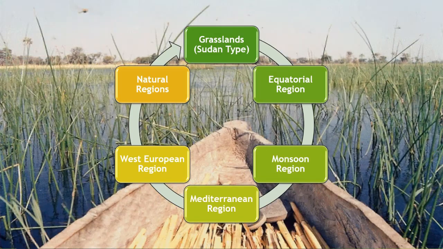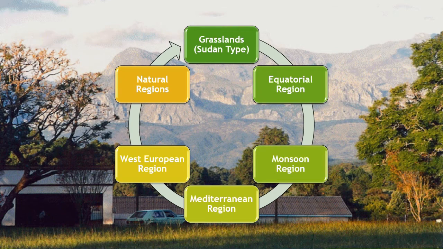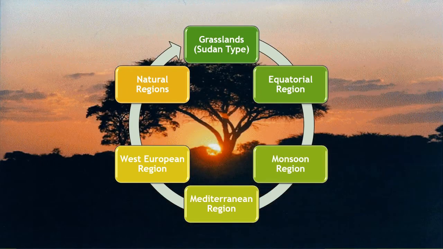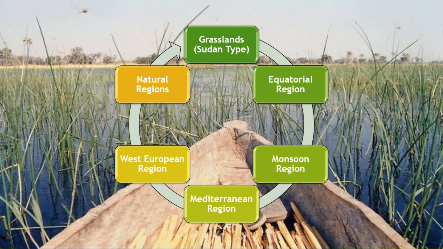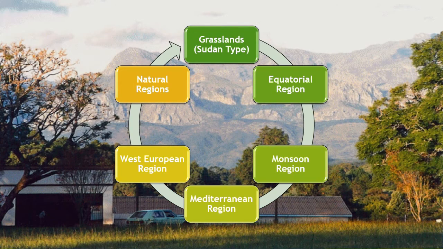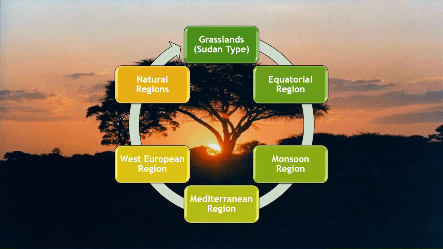The next thing we looked at is the monsoon region, the Mediterranean region, and the West European region in the world. The monsoon region includes regions that have a vast amount of rainfall. The Mediterranean region is known for rainfall during the winters.